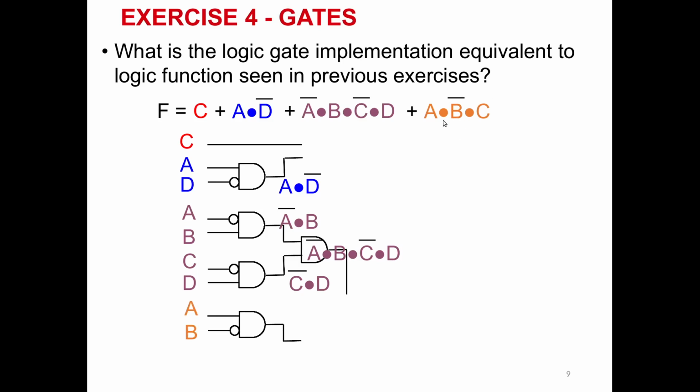The final AND value we need to calculate is A and not B and C. So here we input A and not B together with an AND.